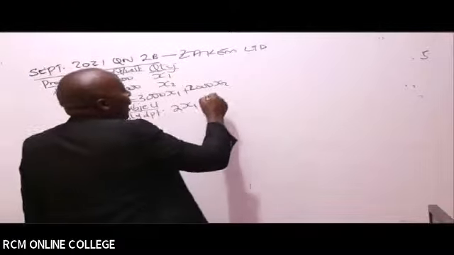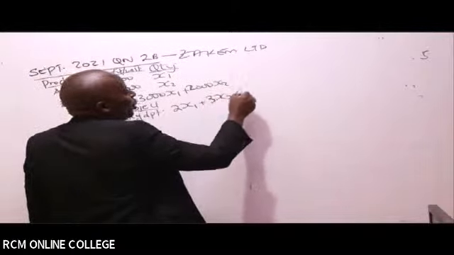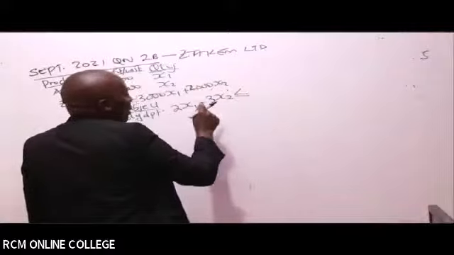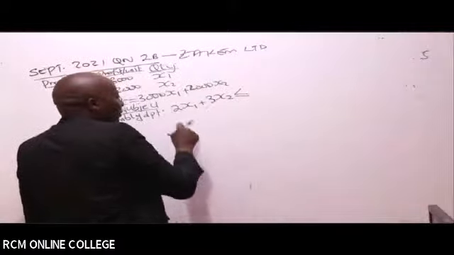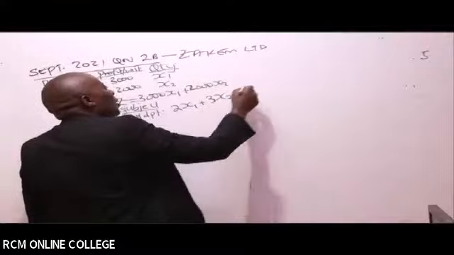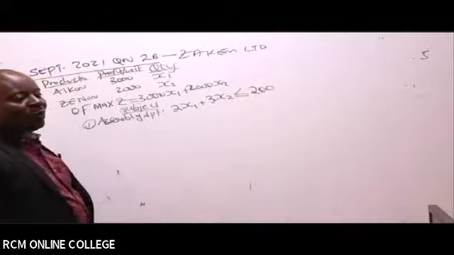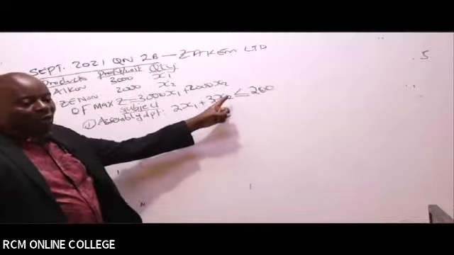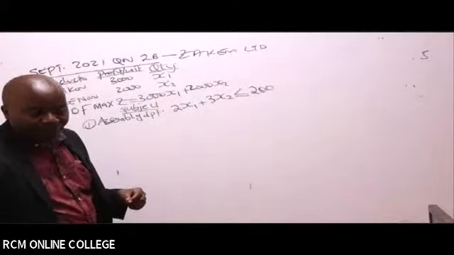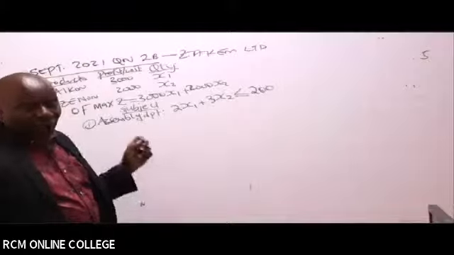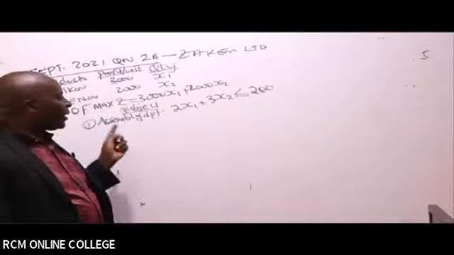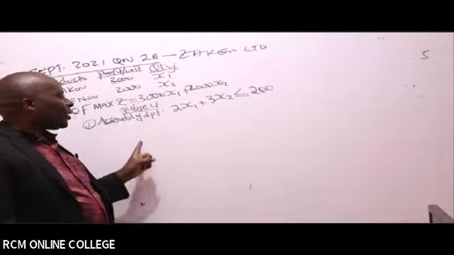So 2x1 plus 3x2 should be less than or equal to 200, since they told us each department has a maximum of 200 hours. We can't exceed the 200 hours.